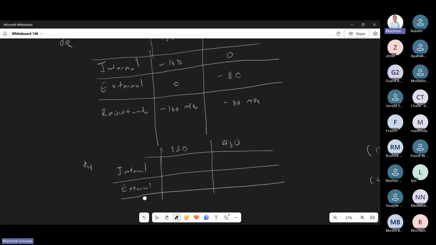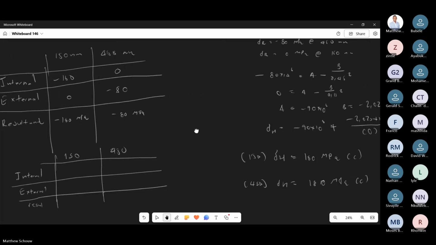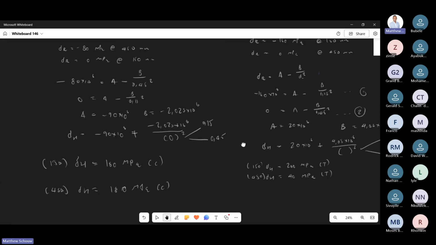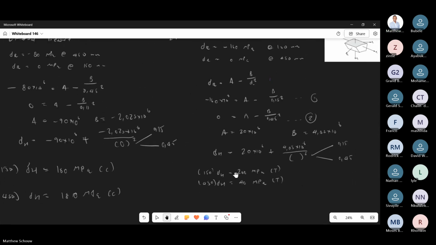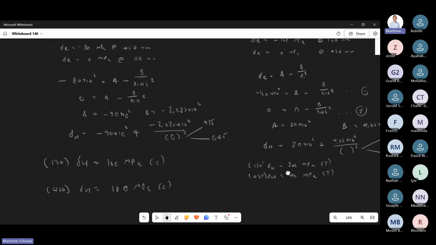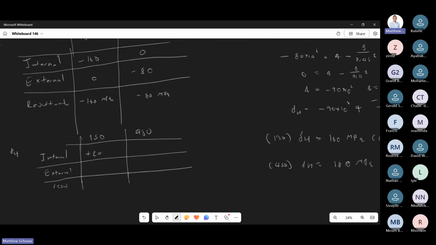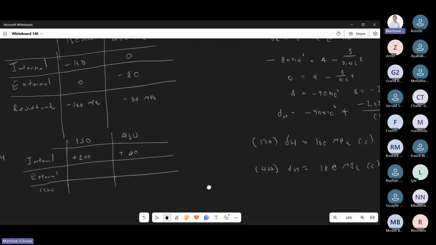Another line, resultant. Okay. So our internal, over here at 150, we got 200 and the external was 40. So I'm just going to put that in. This is plus, right? 200. What's the other one now? Plus 40, right?